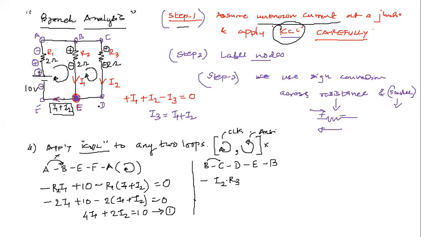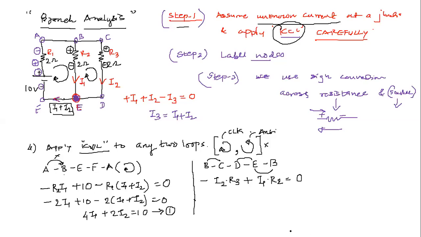And then E to D, I don't see anything, right? And from E to B, I'm going against the direction of the current, so that will be plus. What is that current? It is I1, right? I1 into R2 has to be equal to 0.